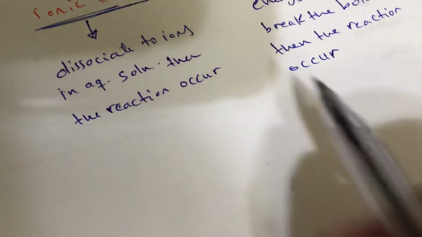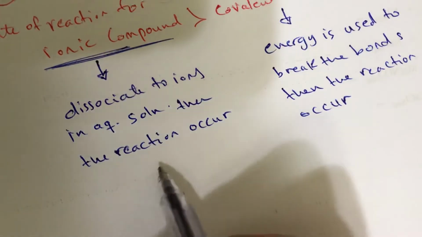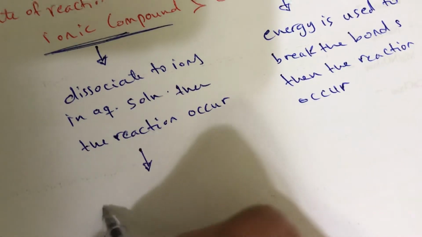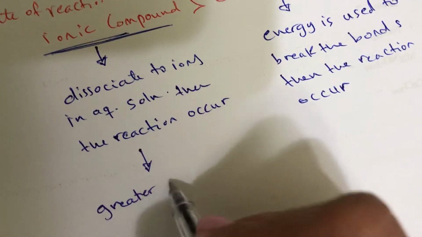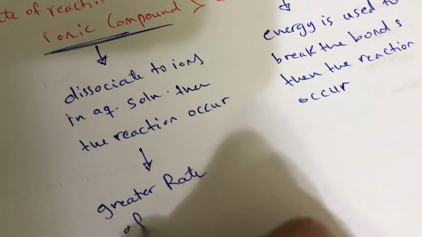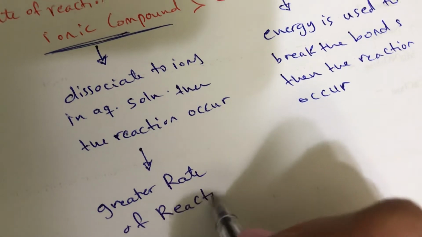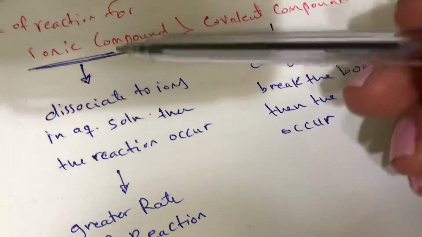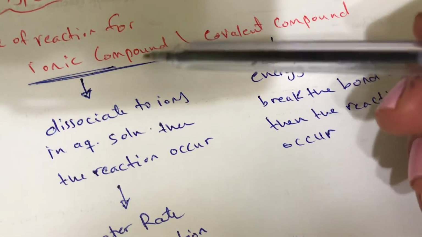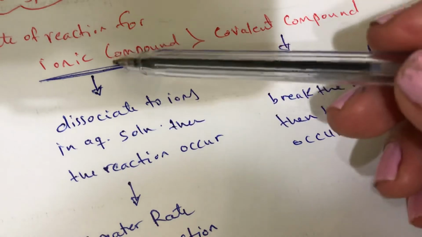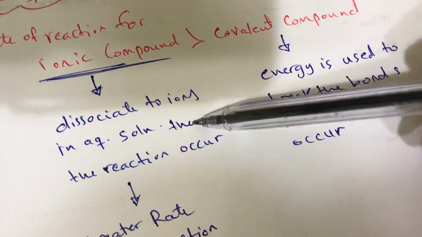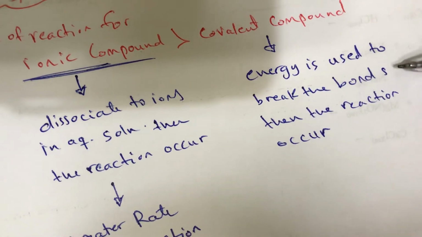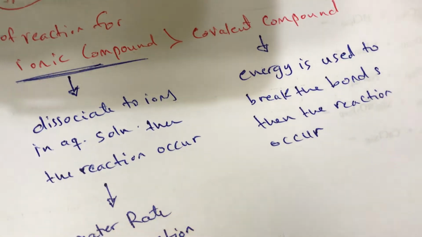So ionic compound has greater rate of reactions. Why? Again, because ionic compounds dissociate to ions in aqueous solution, then the reaction occurs. But here energy is used to break the bonds first, then the reaction occurs.